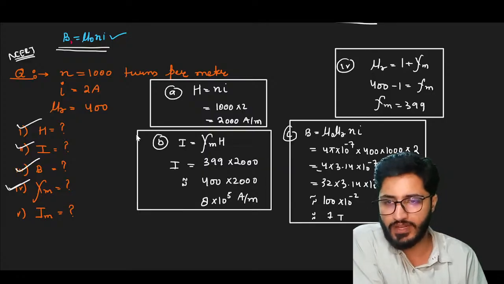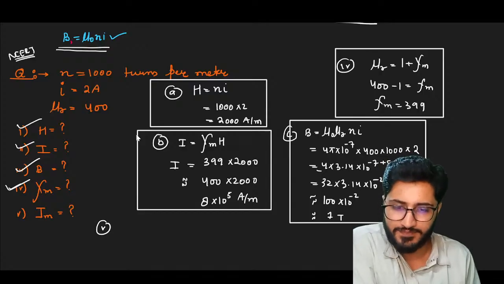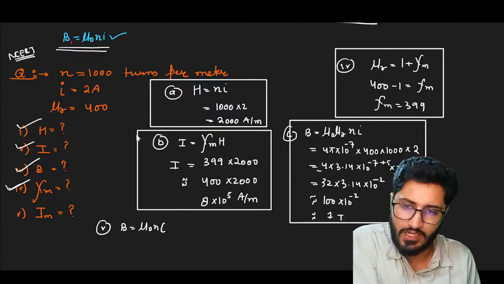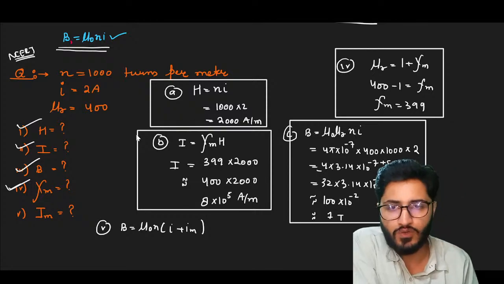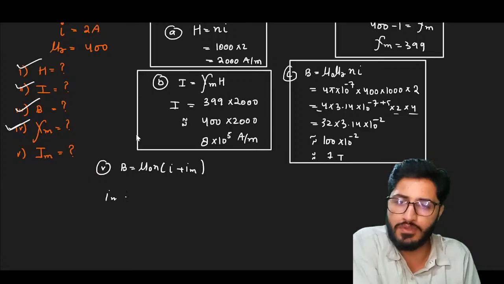This thing is done. Now we are having this current. Fifth part is current. So I guess B equals mu naught N into I plus Im. So I need to find out Im, right? Im is equal to B divided by mu naught N minus I. B came out to be 1.